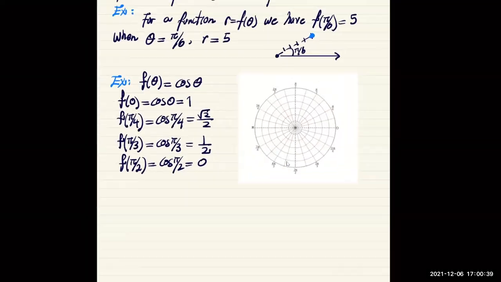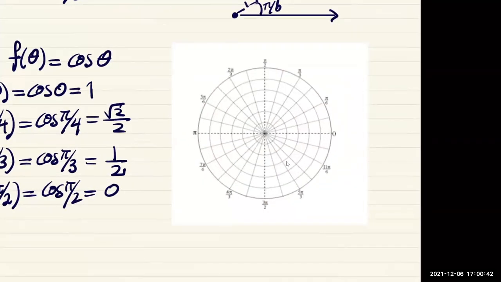For the sake of this problem, let's say this is 1, this is 0.5, and this is 1.